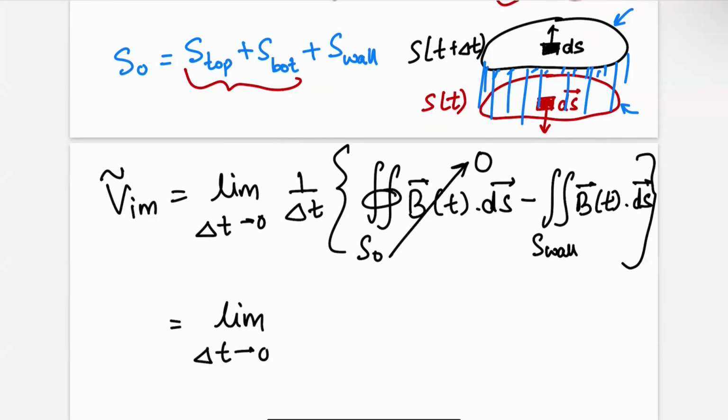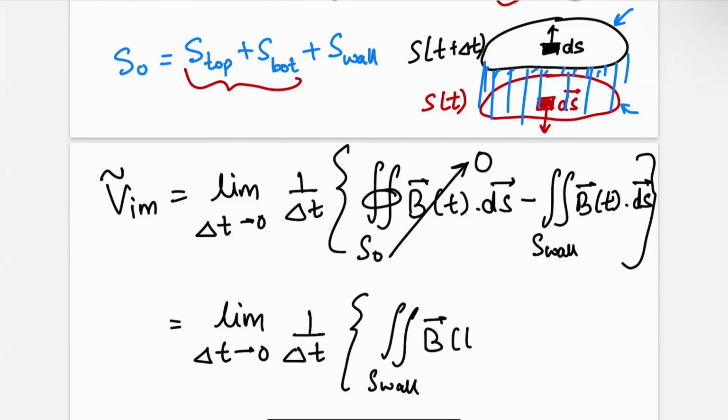the limit as delta t goes to 0 of 1 over delta t of this other integral, right, which is the double integral over the wall of B of t dot dS. And we defined dS on the wall earlier, right?